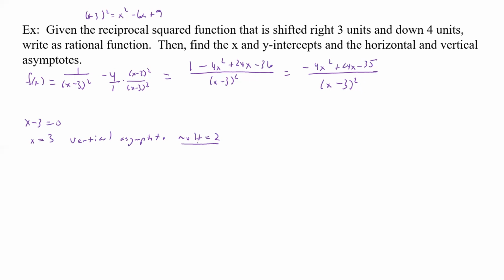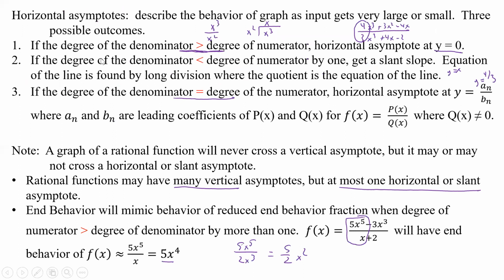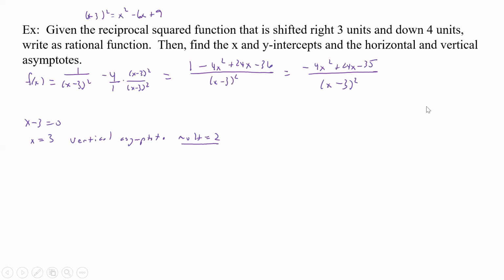We can do horizontal asymptotes. So we're kind of going back to this. For horizontal asymptotes, if the degrees are equal, we're using just our a_n over b_n. Since we have x squared here, and if we square this out, it's going to be an x squared, we'll just take our leading coefficients.